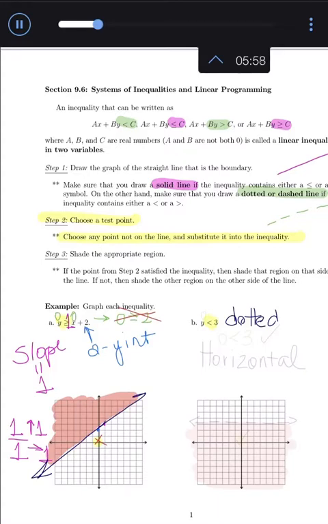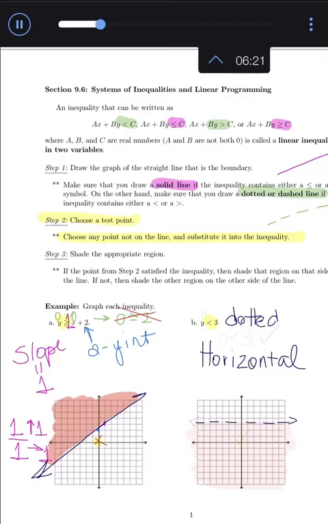So, what kind of line is it? Well, notice because we've only got y's and no x's, it means actually we have a special kind of line. It's a horizontal line at y equals 3. So we'll have a horizontal line at y equals 3 here.